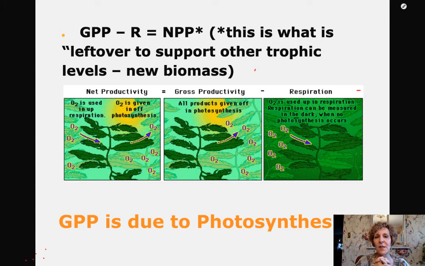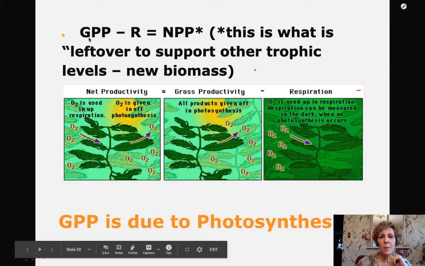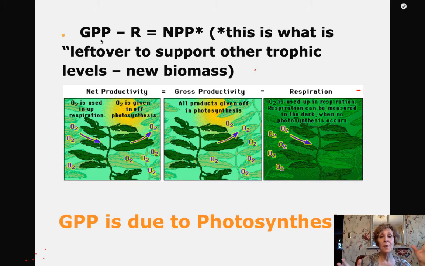So we have this great little equation that's going to help us. The GPP, the gross primary productivity, which you know is all of the productivity that the primary producer produces, including what it's going to use itself, minus what is respirated, the glucose that was made by the producer in the gross primary productivity, that is respirated.